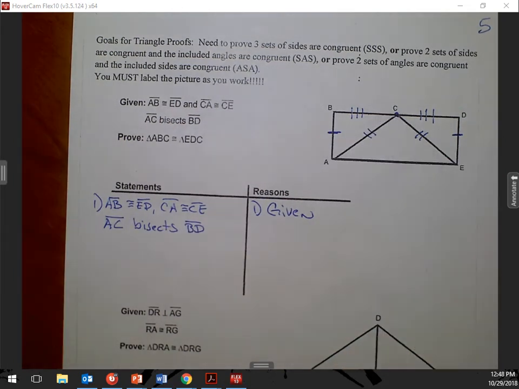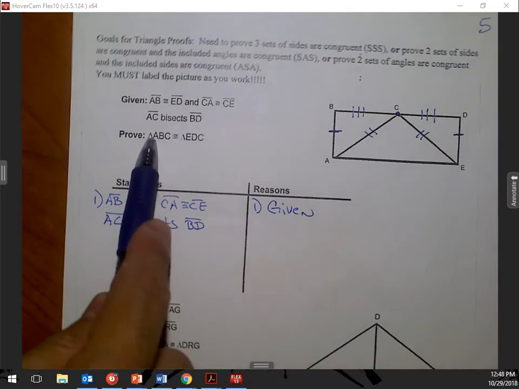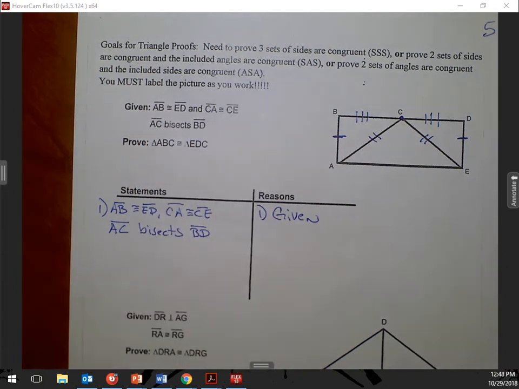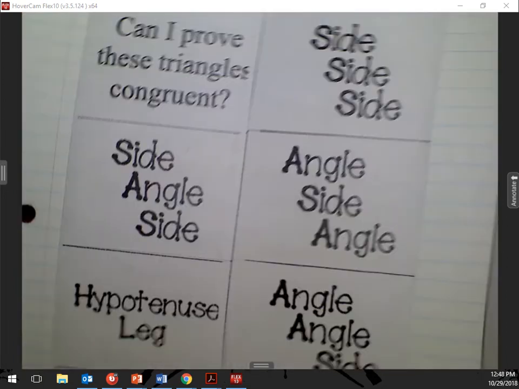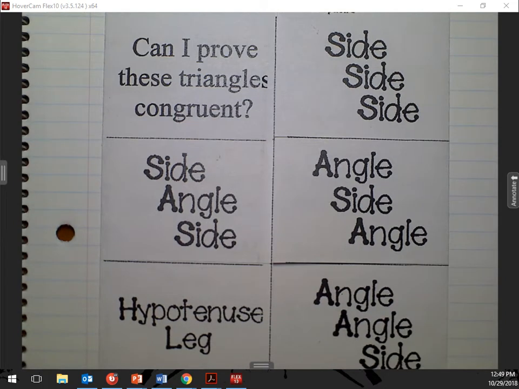Now, let's take a look at the notes from Thursday. Let's go back to Thursday's. It's asking right here, prove that triangle ABC is congruent to triangle EDC. Now, here's Thursday. What do I have on each of the triangles? You have sides, right? Yes, tick marks.